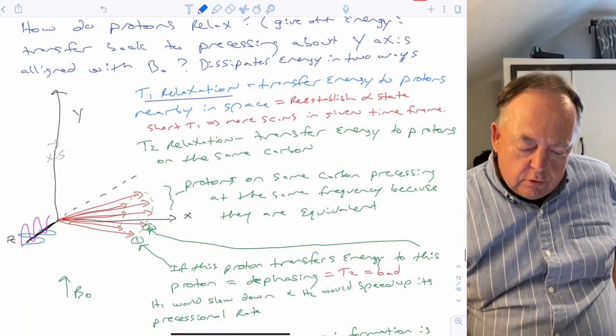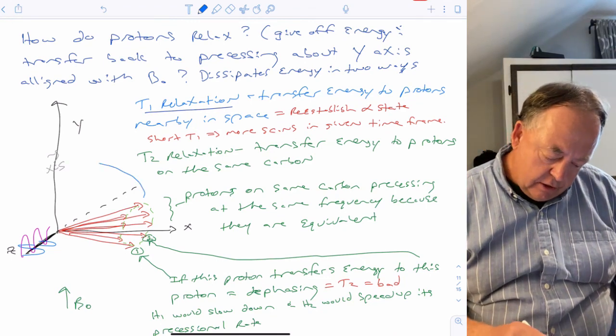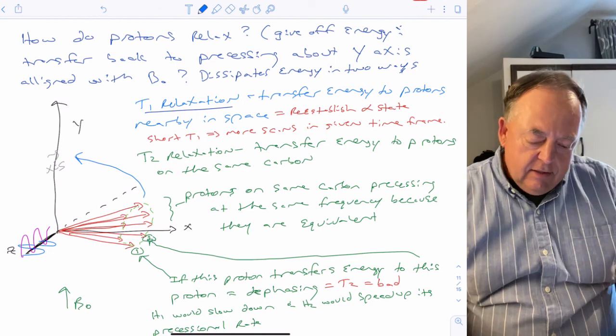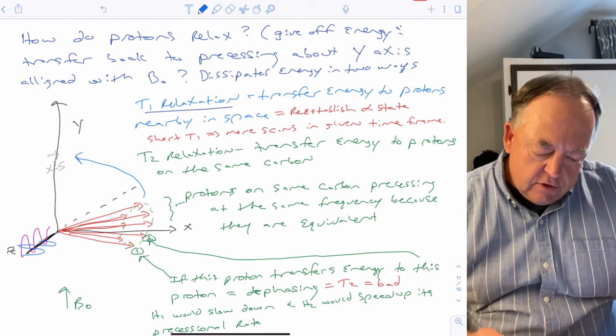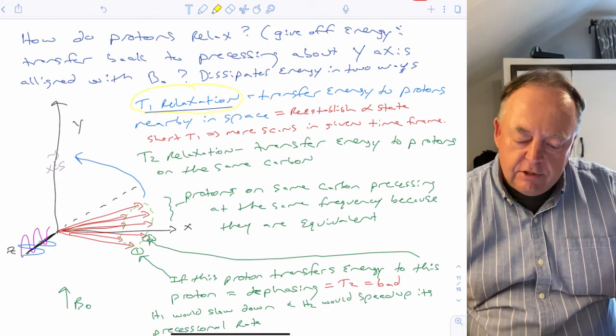Okay, so once they're knocked over, how do they relax? Eventually they're going to relax and go back to precessing about the y-axis. There are two different relaxation pathways that are typically talked about. One's called T1 relaxation.